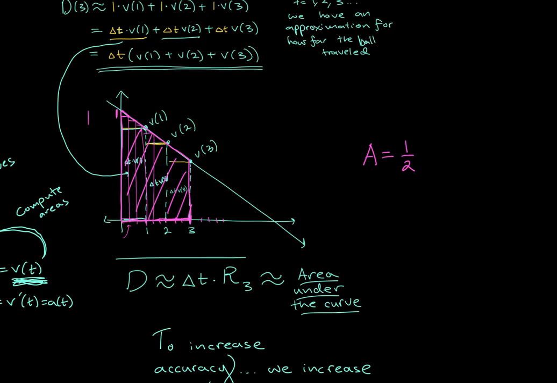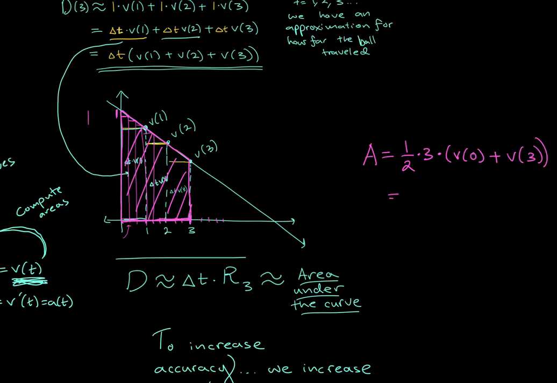That will be an interval of 3 right here, times the sum of these two bases. So that is going to be 1/2 times 3 times the sum of the two bases, which will be, not f of 0, v of 0 plus v of 3.